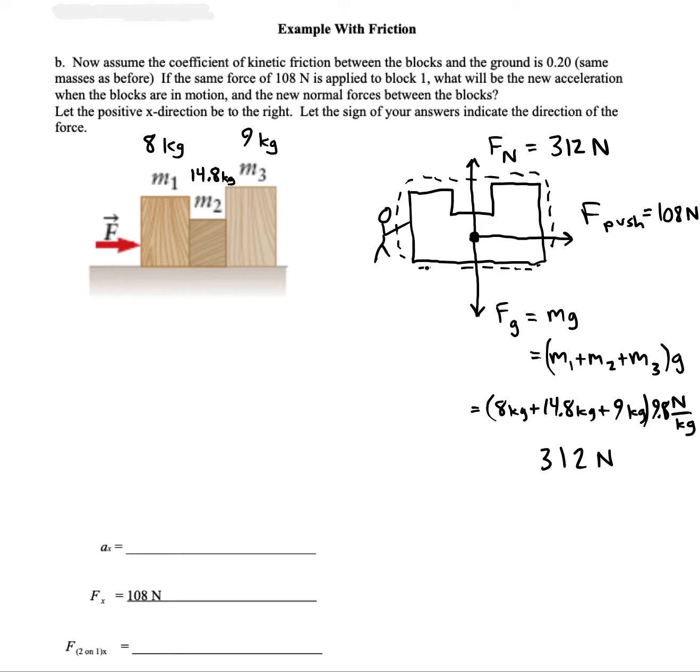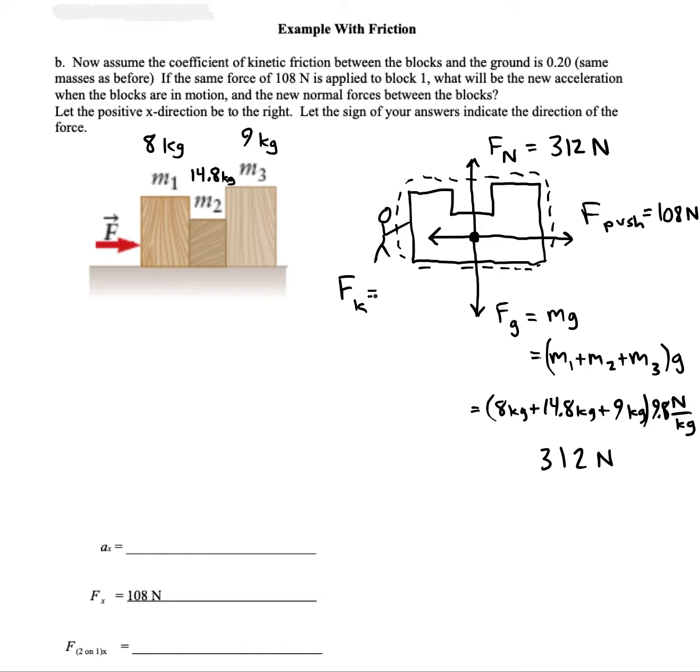So since our block is presumably going to accelerate to the right when the person pushes, what we'll have is a force in the opposite direction that's going against the push. Alright, and that force is called force of kinetic friction, Fk.